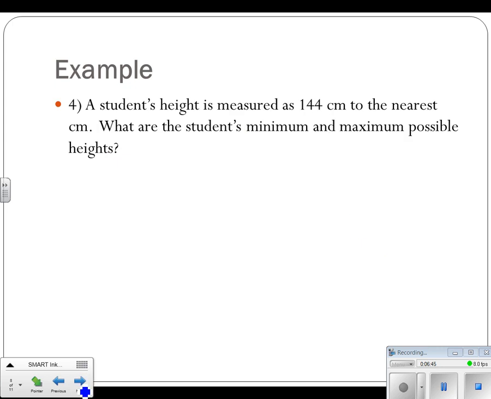A student's height is measured as 144 centimeters to the nearest centimeter. What are the student's minimum and maximum possible heights? When we're looking for minimum and maximum possible heights, what we're working with is how far off you can be on a measurement. The most that any measurement can be off by is 1/2 of the unit being used.